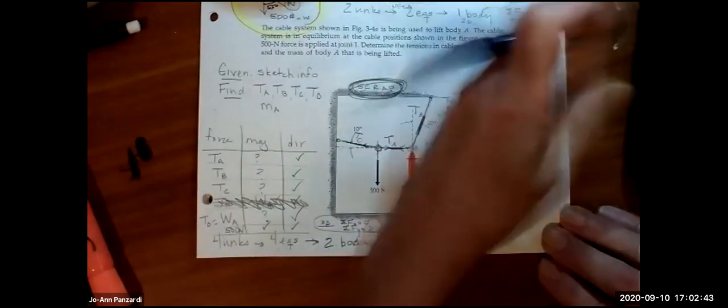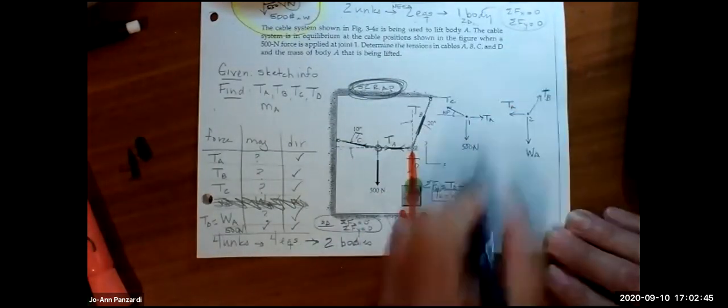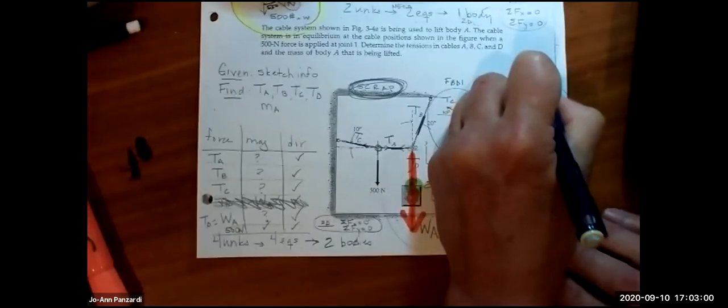And I have TB, and TB is at an angle of 20. So here's my free body diagram 1, and here's my free body diagram 2.